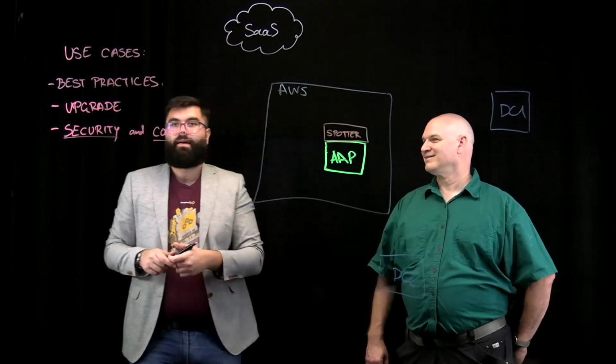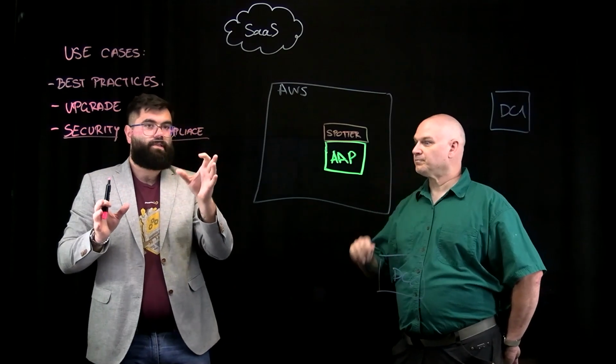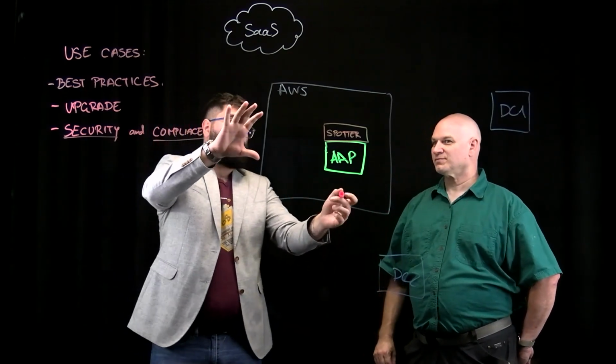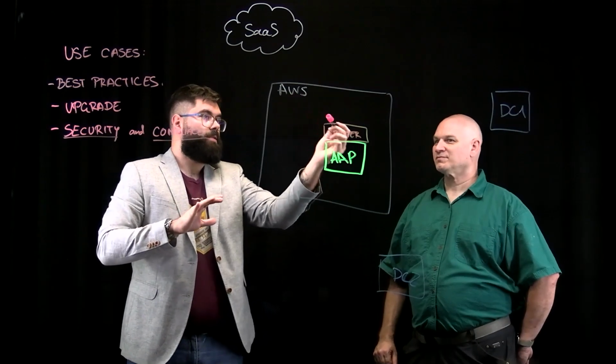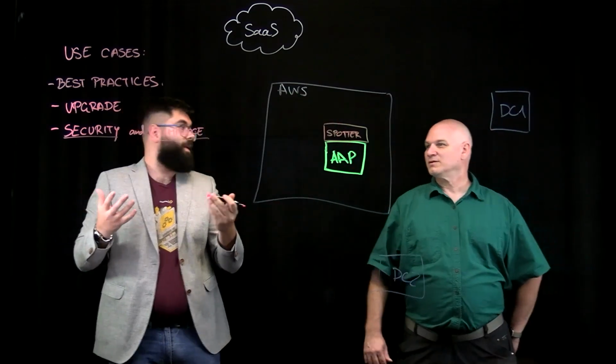This area is making Spotter actually crucial as a platform that you have with this triangle, AWS, Spotter, and Ansible Automation Platform, because it really is necessary.